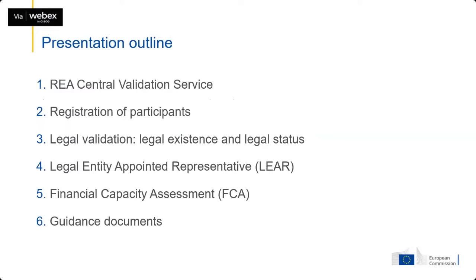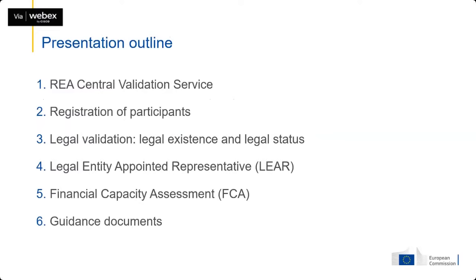As already mentioned, in the first part, you will see what the main tasks of the REA Central Validation Service are. Then we will have a closer look at the process of registration of participants. We will talk about the legal validation, the verification of the legal existence and the legal status of the entities, and we will discuss the legal entity appointed representatives, or the so-called leaders.